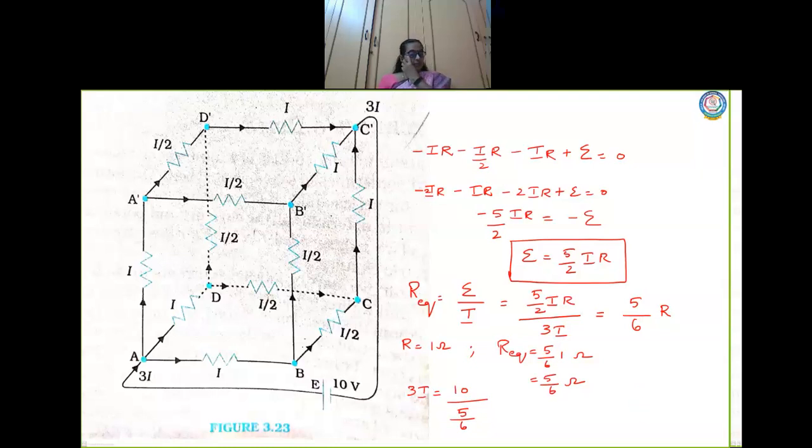I am going to find out what is the current through each edge. So when I simplify this, 3I equal to, the 6 will go to the numerator, so 10 into 6 by 5. So this will become 12. So 3I is 12. Then what is I? I is equal to 4 ampere, which is the current in each edge.